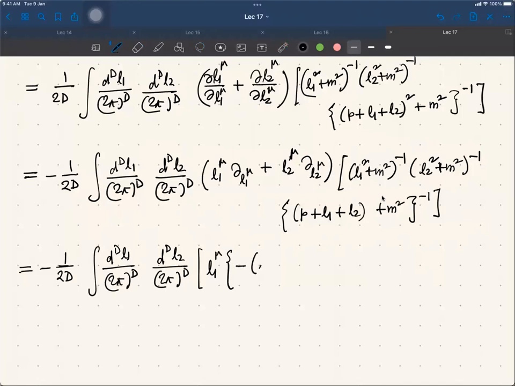This is minus L1 square plus m square to the minus 2 L1 mu, the L1 derivative acting on this first factor. This is what I just calculated, times L2 square plus m square inverse.